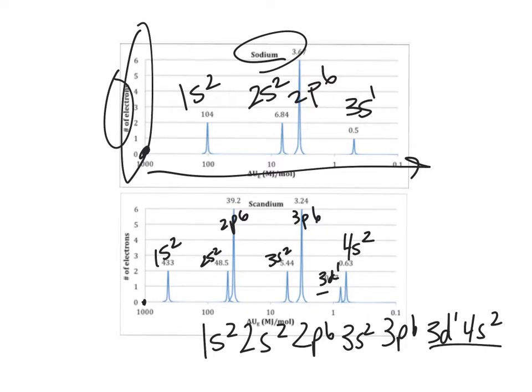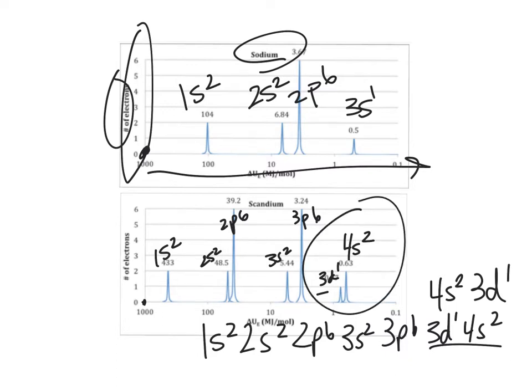I still believe you need to write it as you've been taught. But if you're looking straight at a PES diagram, your 3d1 here will come before the 4s2. So 4s2, 3d1, if you look at the periodic table, that is scandium, sure enough.